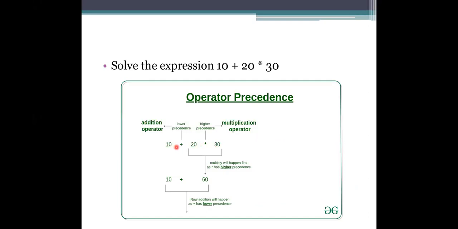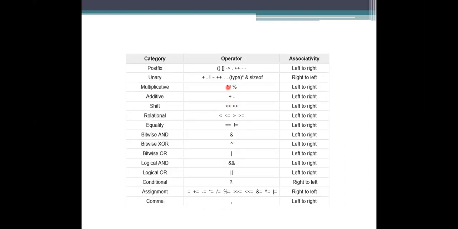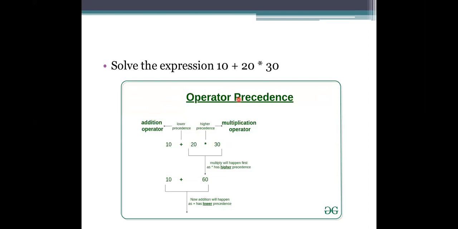We need to find out which has the highest precedence and the lowest precedence. This has been specified as the highest one when compared with the additive one. So first I need to calculate the multiplication of these two values, and then the result will be added to the remaining value.